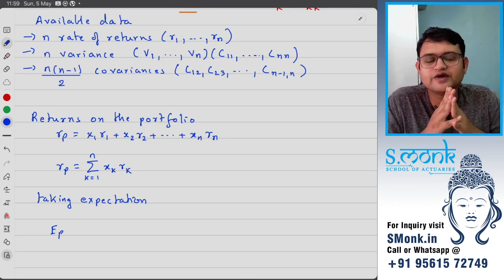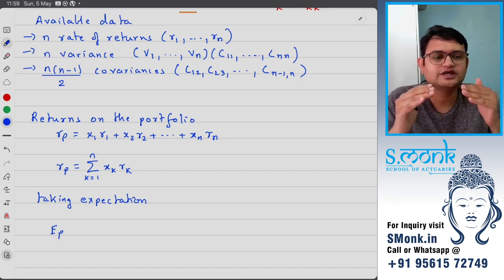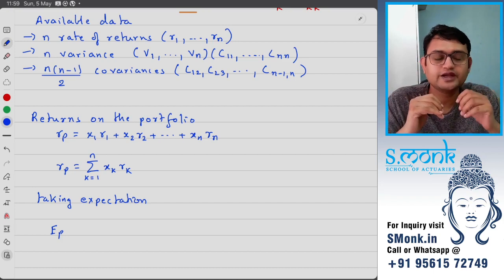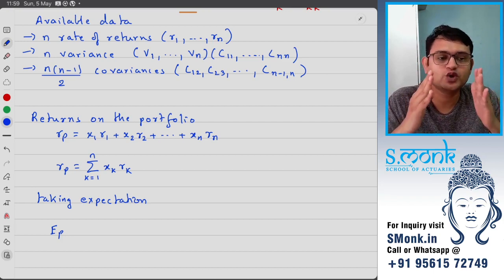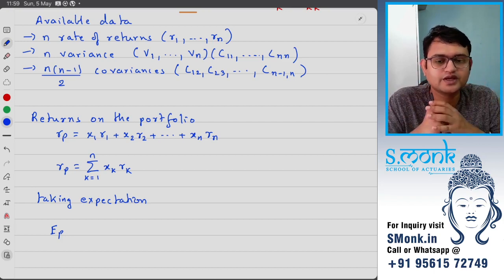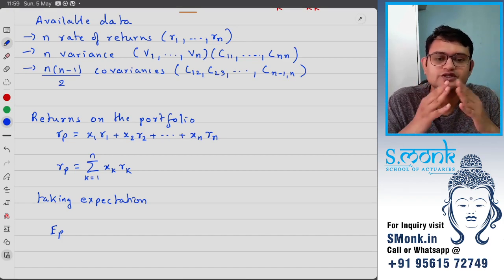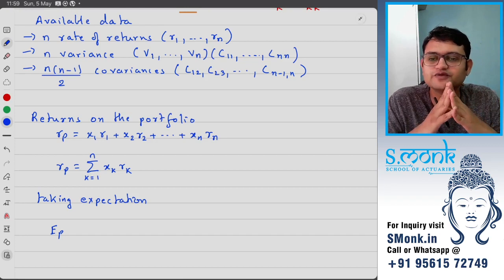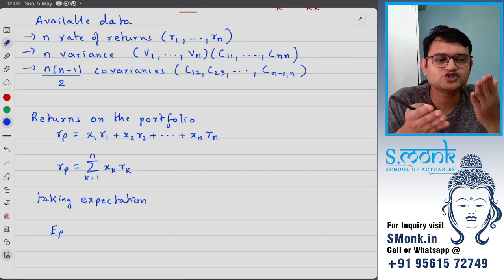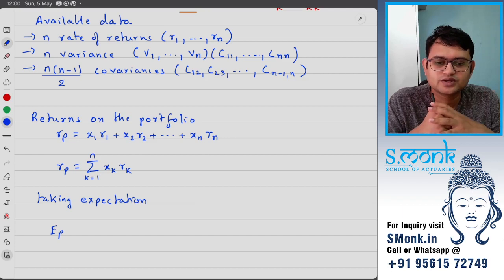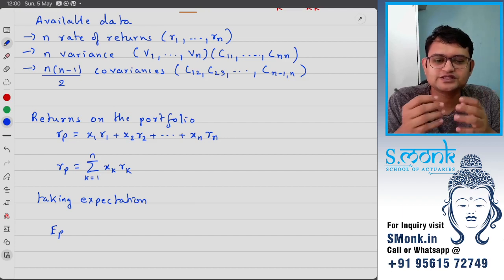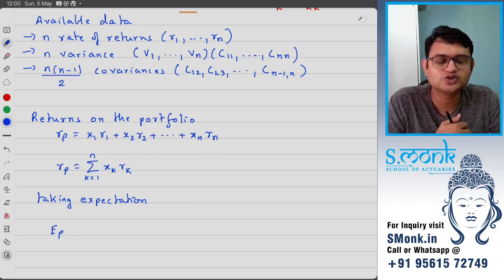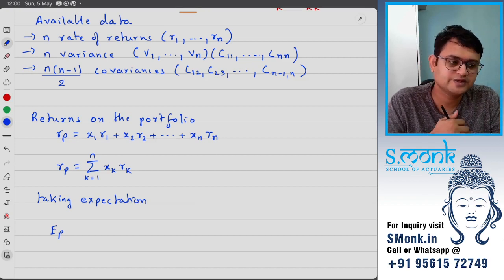These R values are variable because the returns that I'm going to get in the stock market are not going to stay the same, right? It's going to keep on changing with time. That is why we studied the stochastic model in the previous chapter. So they are going to keep on changing. So this RP is also a random variable.